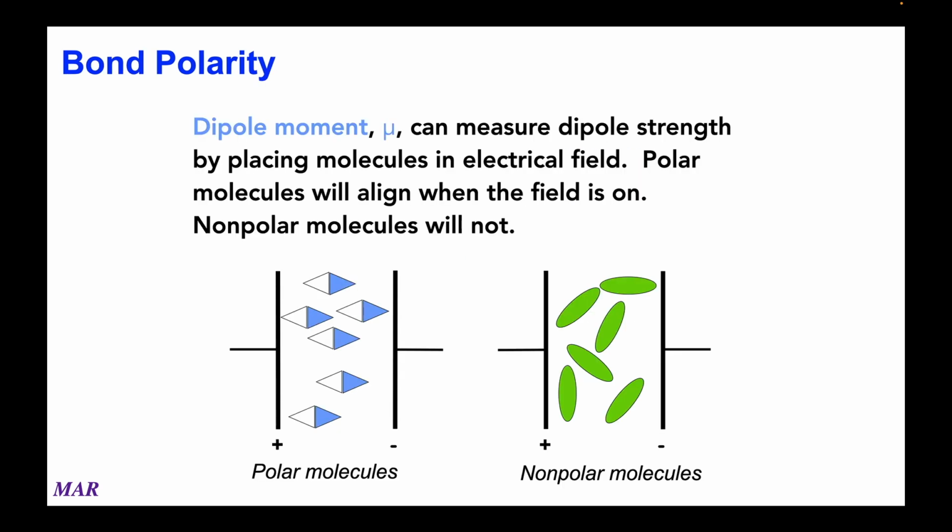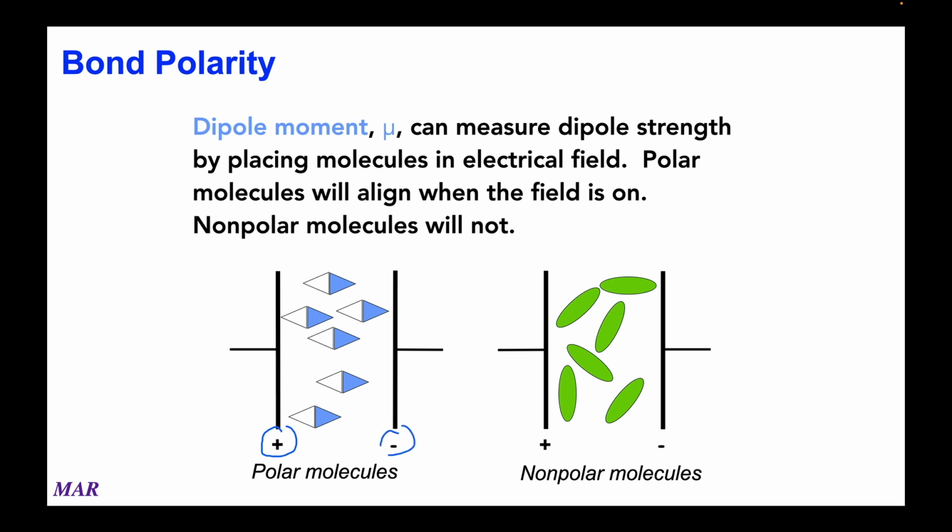Now, if you have a dipole moment, that's actually a measurable amount of dipole, and this is a pretty cool thing. A polar molecule will actually align itself in an electric field. So notice in the bottom part right there, there's a positive and a negative.